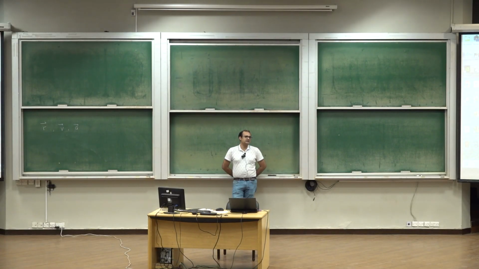How do you connect the velocity measurements of one observer with the velocity measurements of another observer? How do you connect the acceleration measurements of one observer with those of some other observer of the same object? Both observers are measuring the same object. And how do you connect the position vector as measured by one observer to the position vector as measured by another observer of the same object?